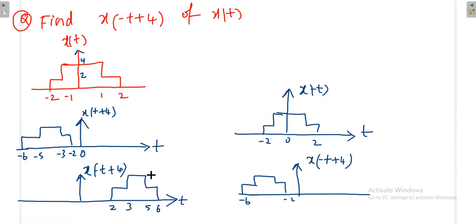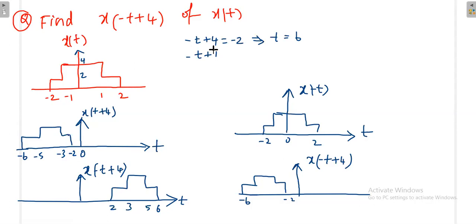Now we will see which one is correct. For that we are taking mathematical help, that is, the mapping of the time values. Now minus t plus 4 is equal to minus 2, then t is equal to 6.